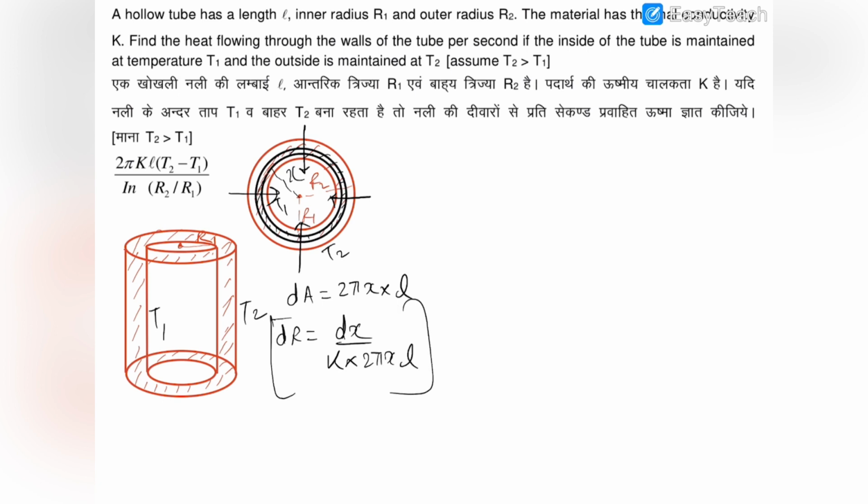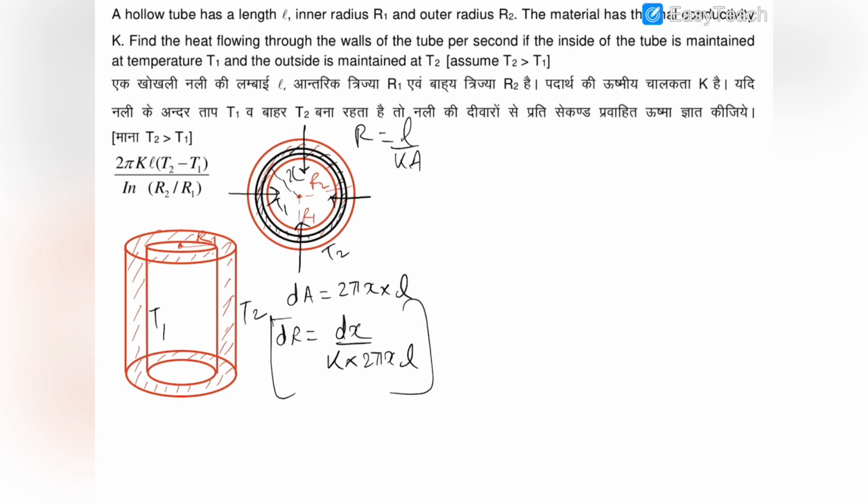You can imagine that if heat is flowing through this thin cylinder like that, then the length we are using in resistance, R is equal to L by KA. So L is that length through which heat is flowing.